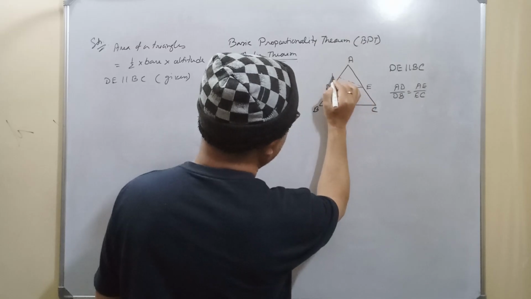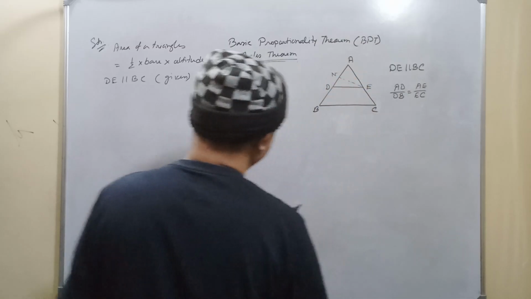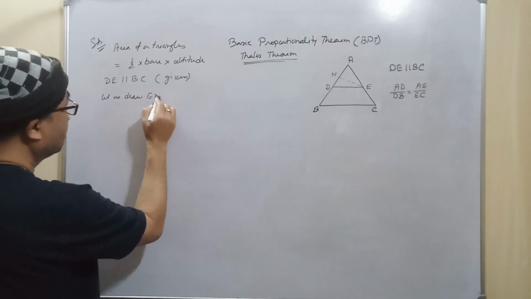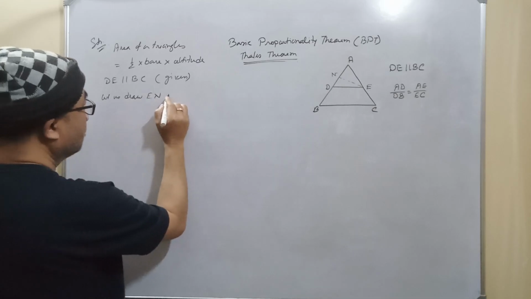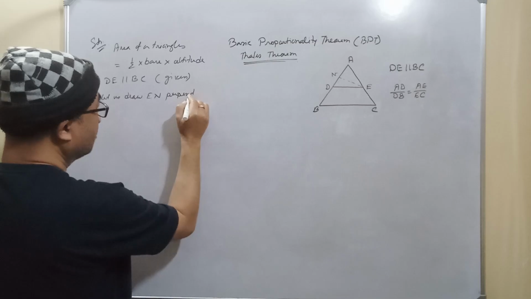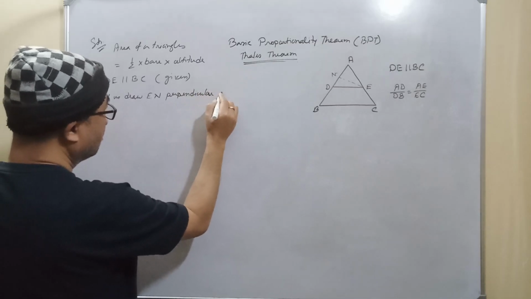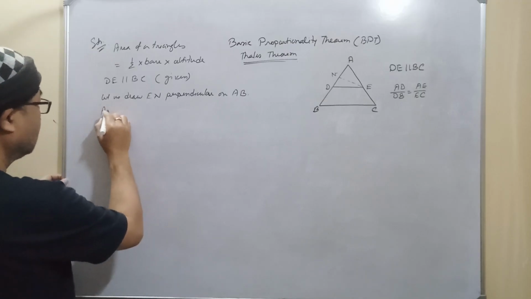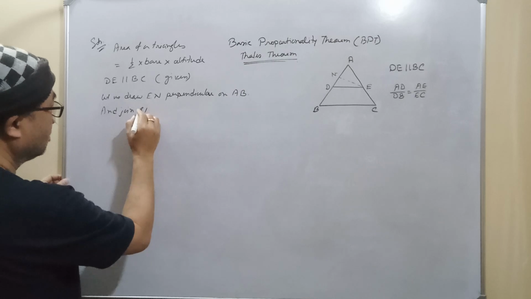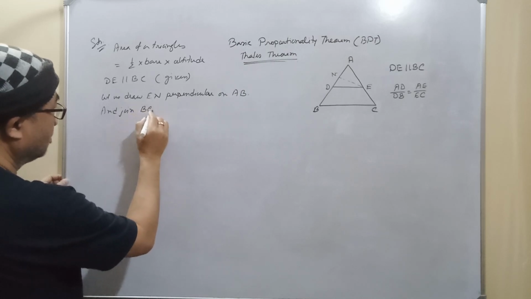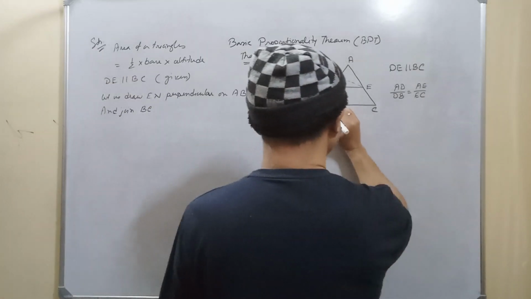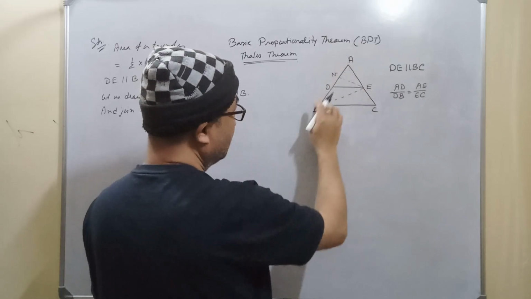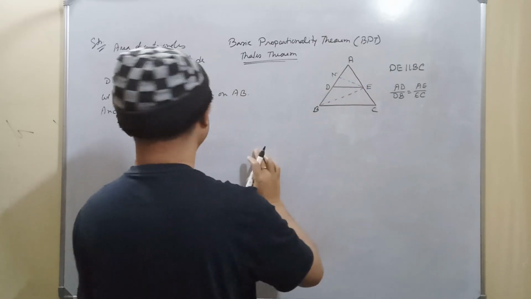Let us draw EN perpendicular on AB, and join BE.